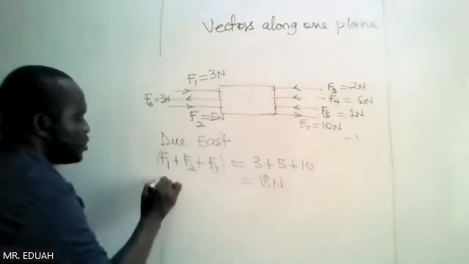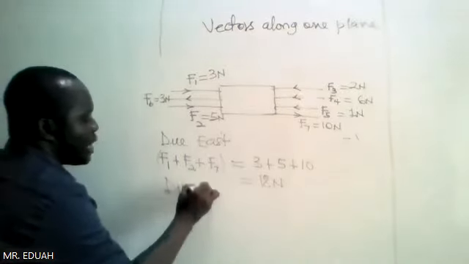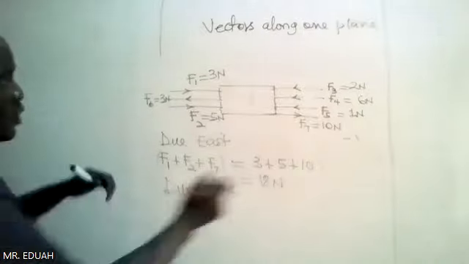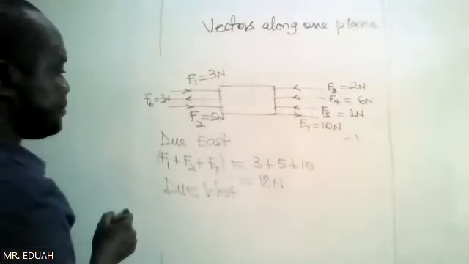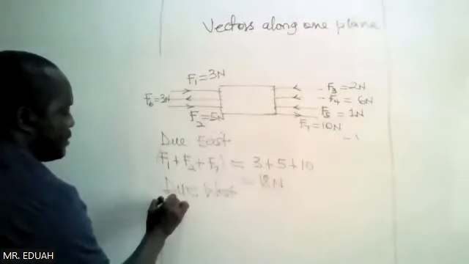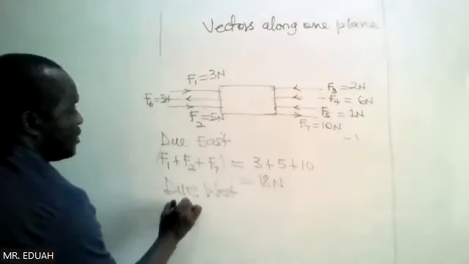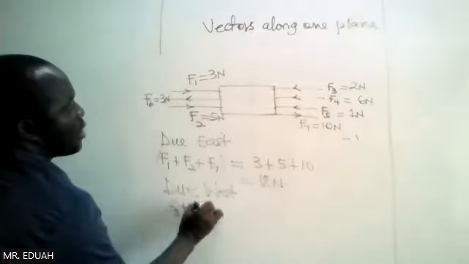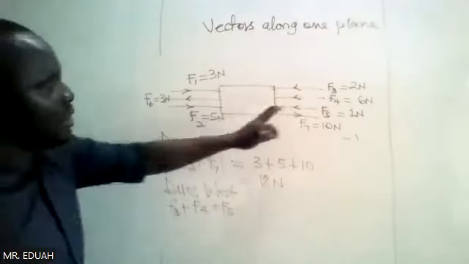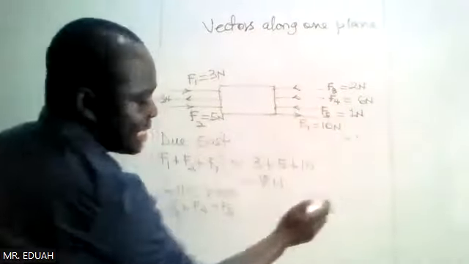And the forces due west, to this direction, I have F3 plus F4 plus F5, at the right-hand side.